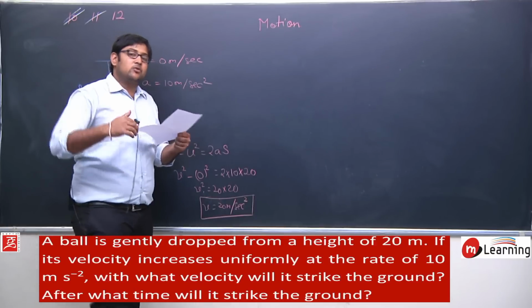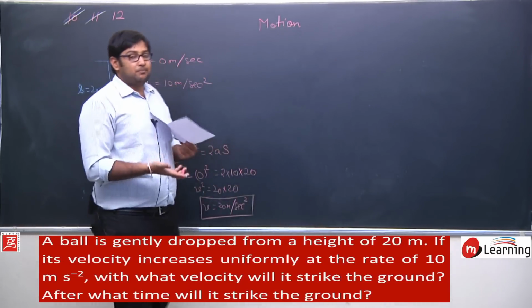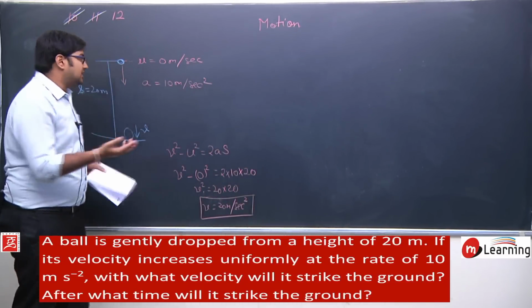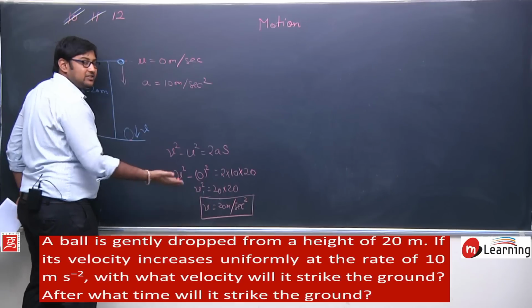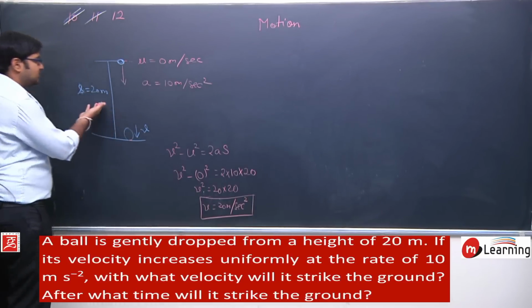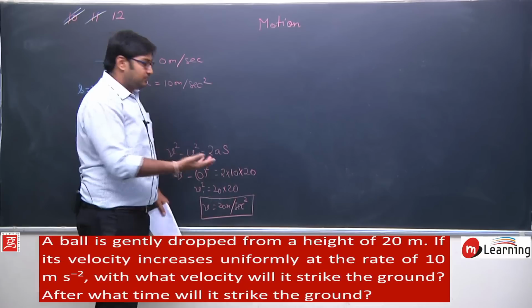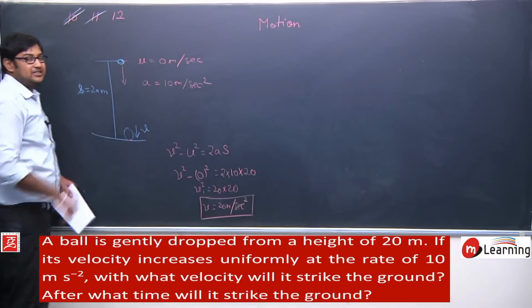Now it has one more question, that after what time will it strike the ground? After what time? So I need to calculate the time. Now do you know any equation which relates initial velocity, acceleration, final velocity and time? Okay, I can consider the distance as well, but the easy one would be if I consider the final velocity instead of the distance traveled.